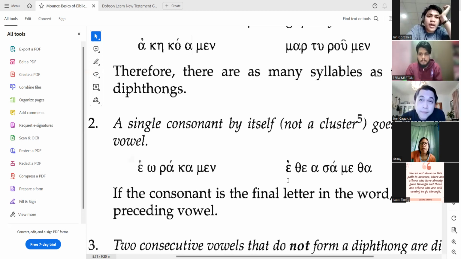You remember ethnic tribes? But this is a different word, okay? I'm just trying to help you imagine an English word, to imagine how this is pronounced. If it's becoming a diphthong, theasa.